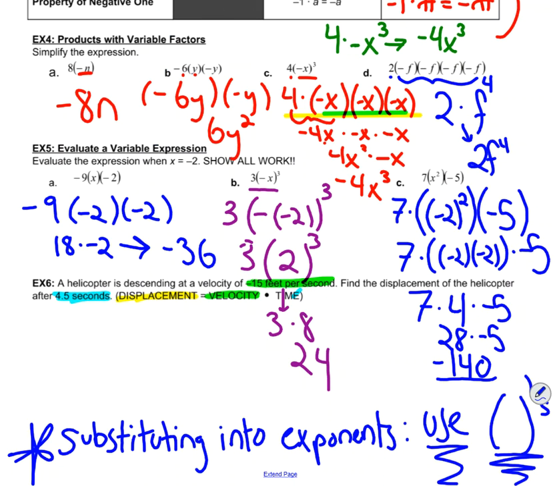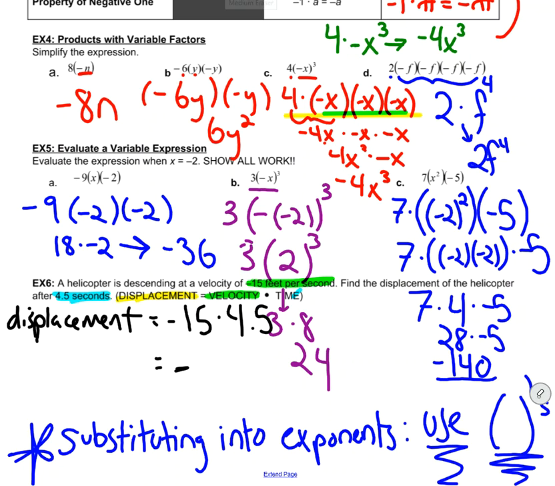So now let's just plug things in. So displacement is equal to velocity times time. So displacement is equal to negative 15 times 4.5. I should have used units.